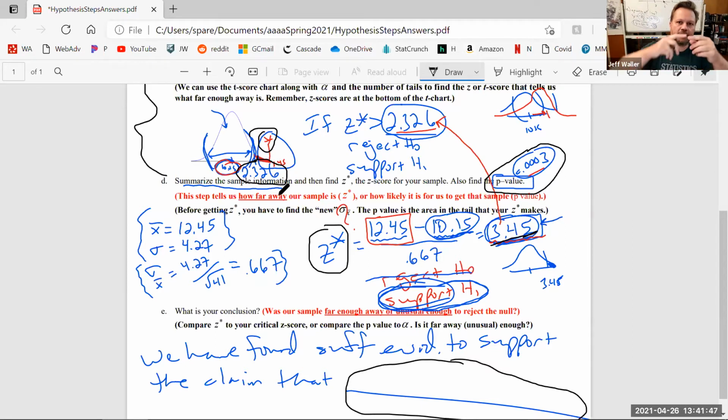This Z score tells me where unusual starts for this problem, where my sample has to get to show evidence that the null is wrong. So you always have 2 Z scores. You have one that says your sample has to get at least this far, and then you have the one I call Z star, which is how far did my sample get? Makes sense, right?